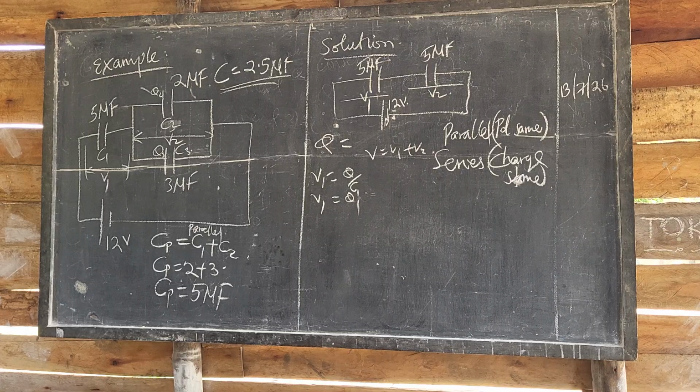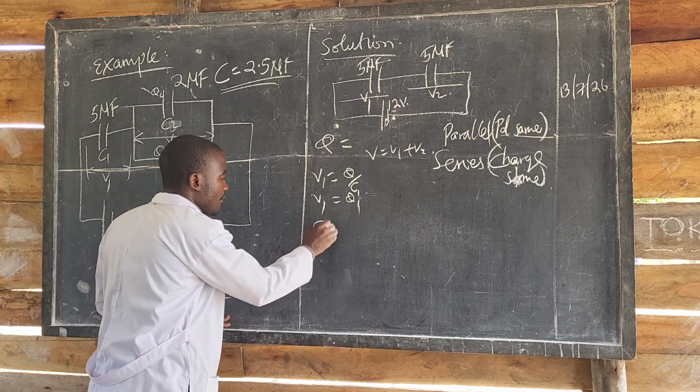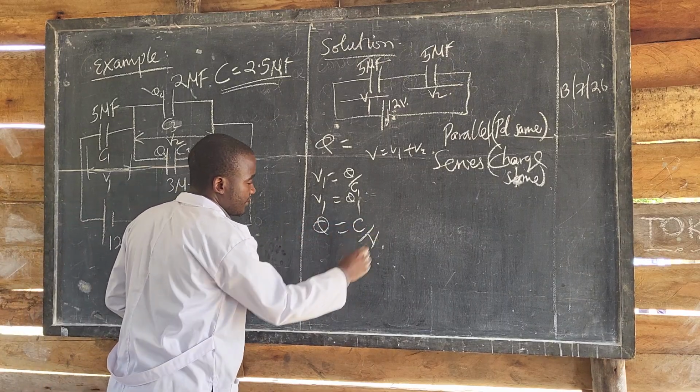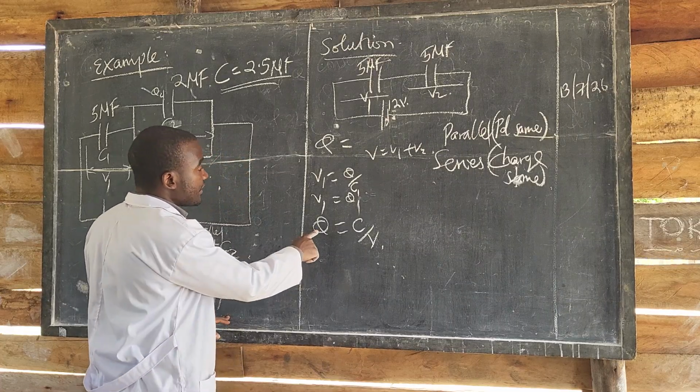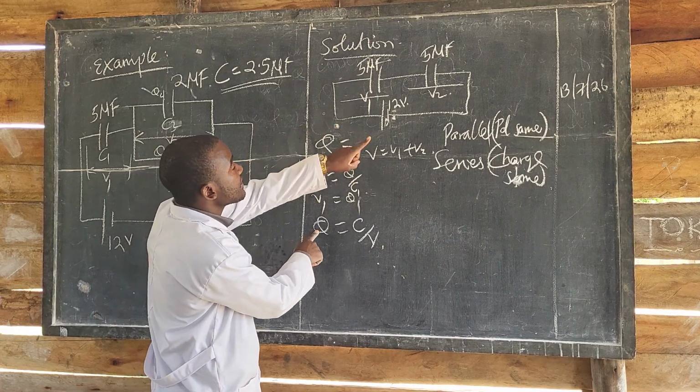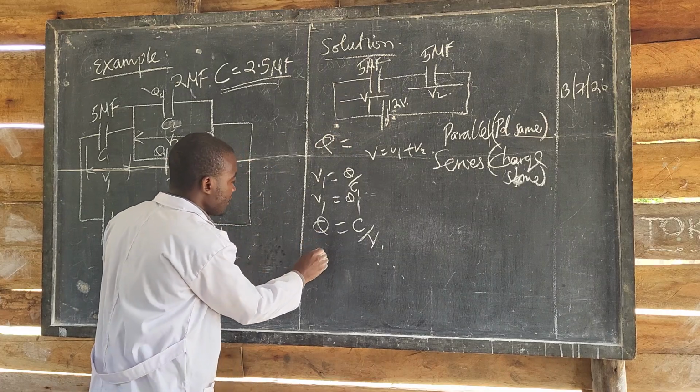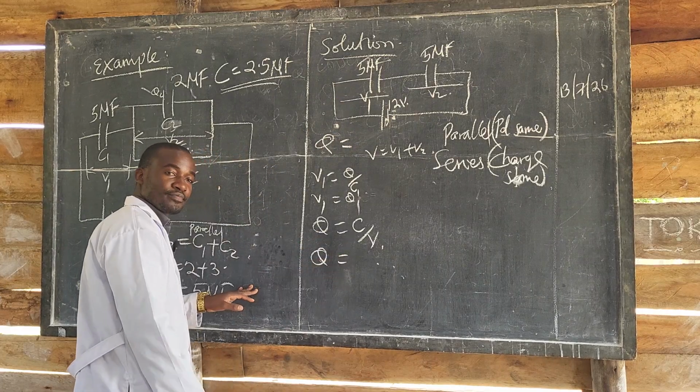We can begin by getting the total charge of the system, right? Can we start by getting the total charge of the system, which will be Q? Okay? Q is the total charge of the system, which is what we are looking for.